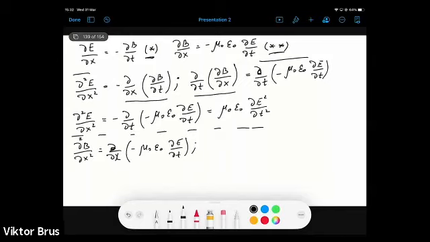And second, we need to take the derivative of the star equation with respect to t. So that will be d over dt of dE over dx will be equal to minus d squared B over dt squared.